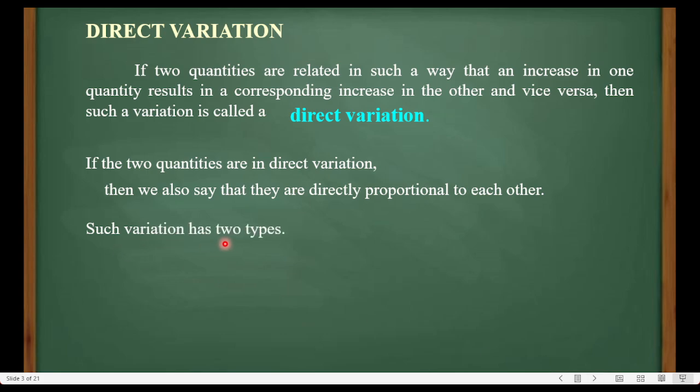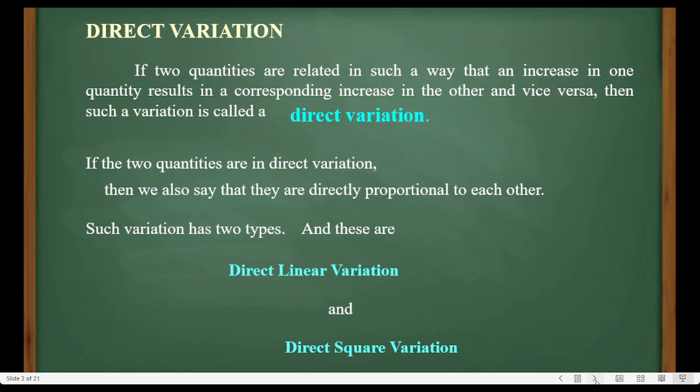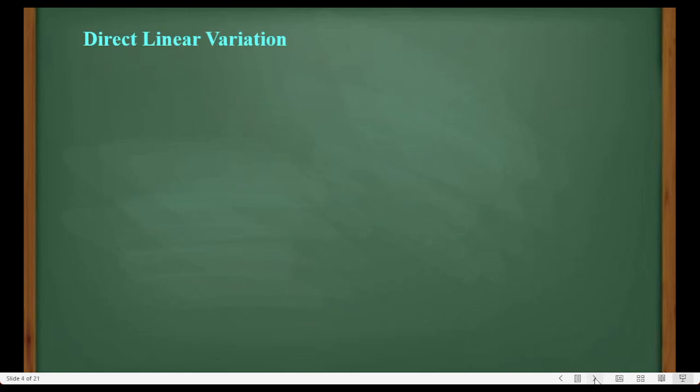Such variation has two types. The first one is direct linear variation, and the second one is direct square variation. Now let us go back to direct linear variation.